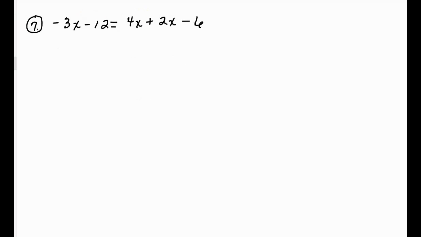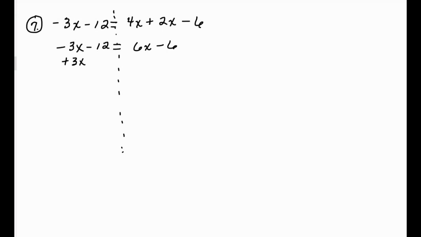Okay, here I have variables and constants on both sides of the equation. So I'm going to draw my dotted line down here to help me keep things straight. On the left-hand side, there's nothing for me to simplify. On the right-hand side, I can combine the 4x and the 2x to get 6x. Now I have variable and constant on each side of the equal sign. I'm going to get rid of the smallest variable term first.